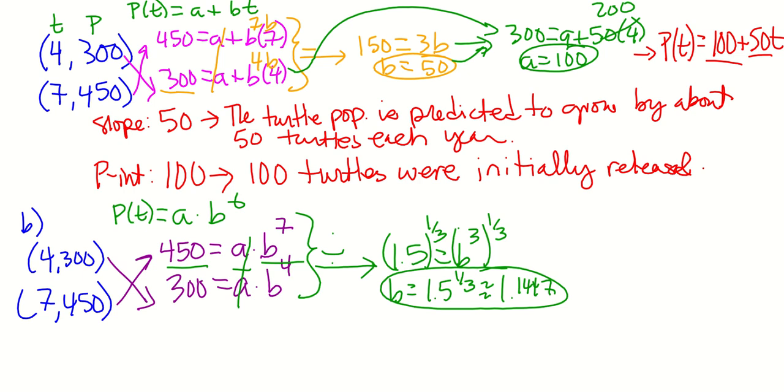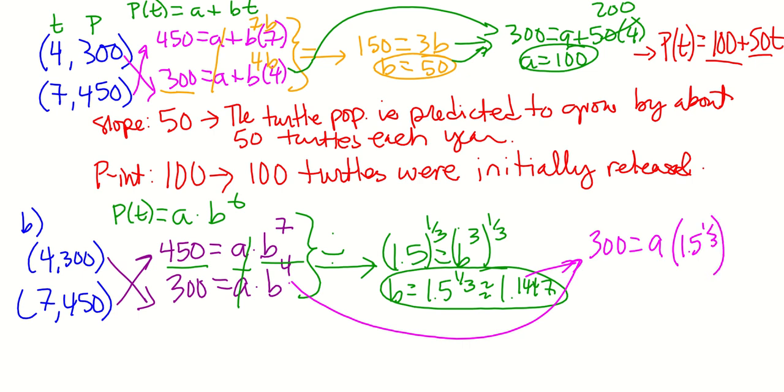Okay, I'm now going to come in here and I'm going to substitute. So I'm going to take my smaller equation along with my value of B, and I'm going to rewrite that as 300 equals A, which I still don't know, times my B, and I'm going to use my 1.5 to the 1/3, or again, you can pick up your decimal approximation from your calculator, and we're going to raise that to the fourth.